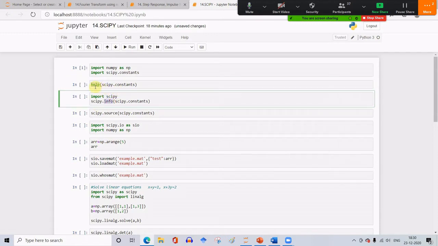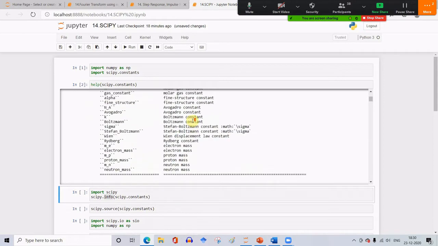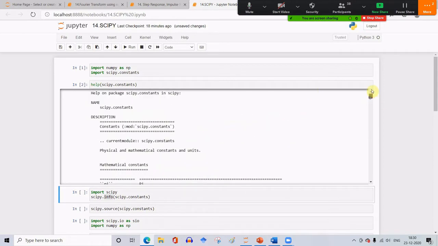So SciPy dot help, and within brackets you give what you want to know. Here, for example, I have given SciPy dot constants. So this will give me all the information about constants. What are the constants available? See, this gives all the constants related to physics and mathematics.